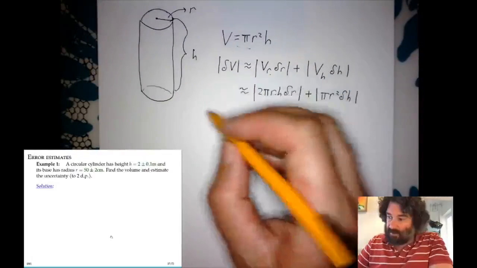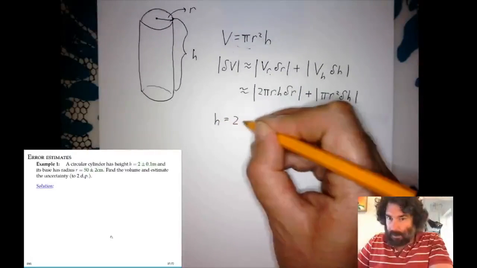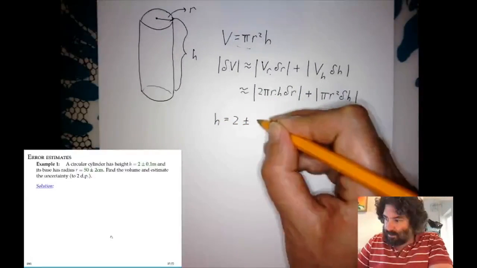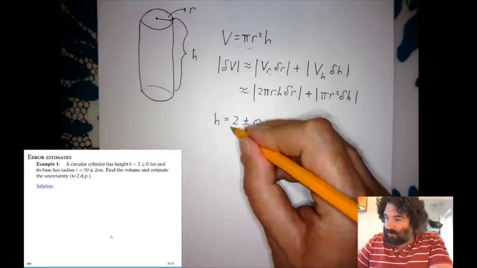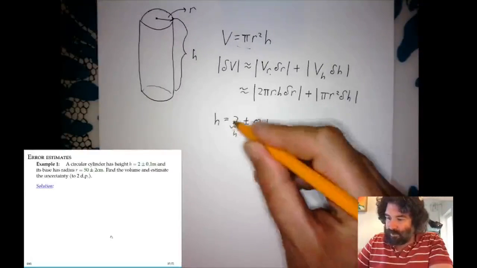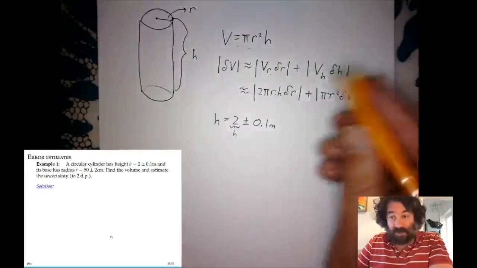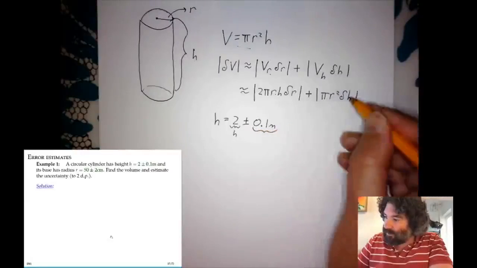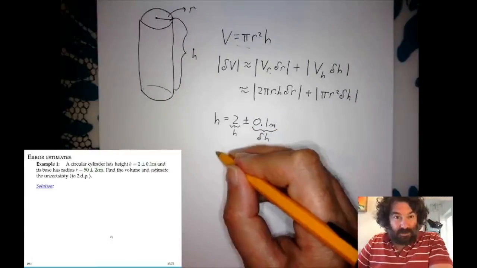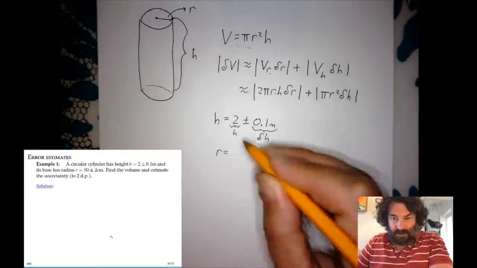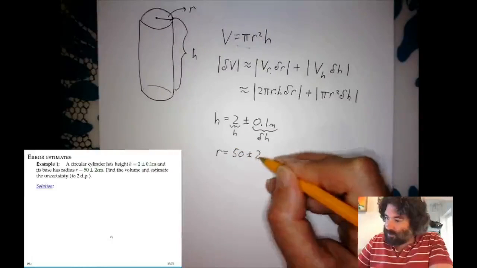So we have measurements of h as 2 plus or minus 0.1 meters. And so, once again, the h that we use in the calculations is the 2. That's what we've measured. And then the error, delta h, the 0.1. And the radius, 50 plus or minus 2 centimeters.